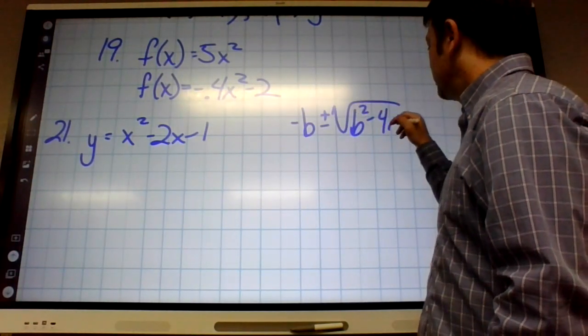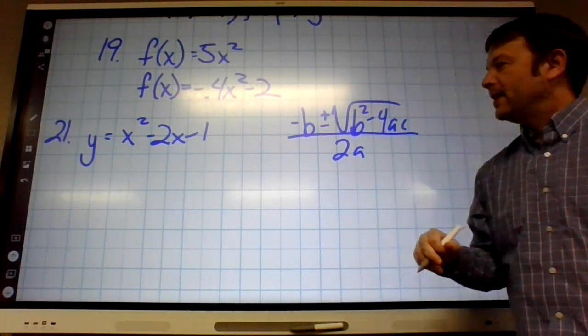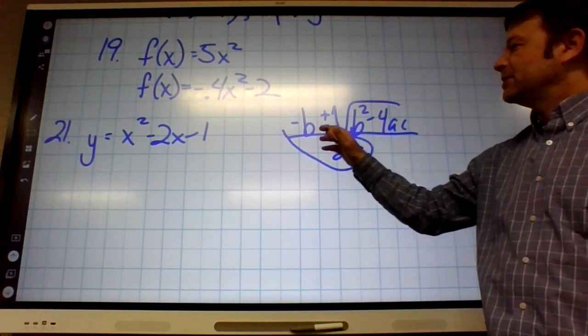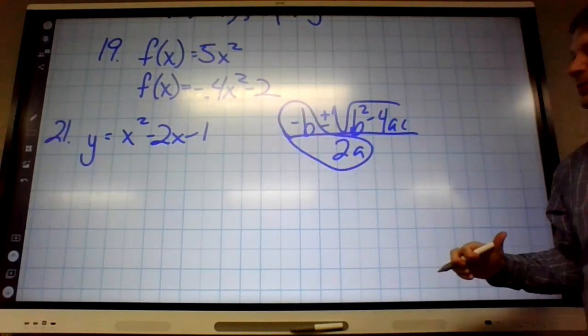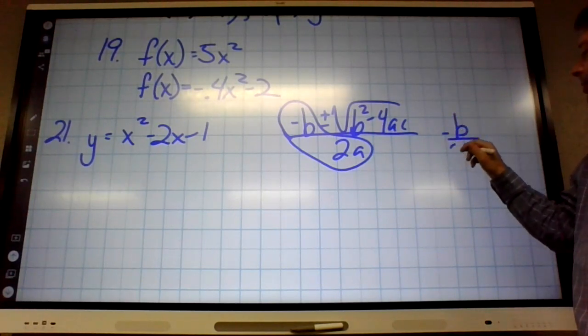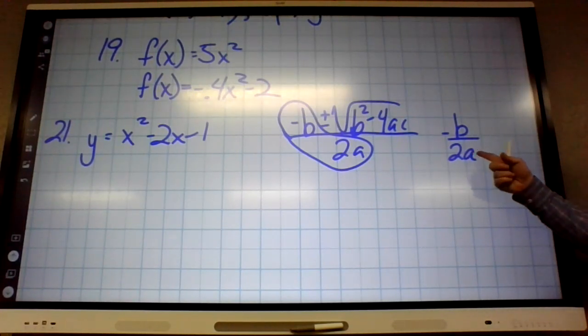Yeah, you guys all got that right, I'm pretty sure. This part that's in the front, right here, -b/2a, that part tells you where the middle of the graph is. It tells you the axis of symmetry or the x-coordinate of the vertex. That tells you the middle.